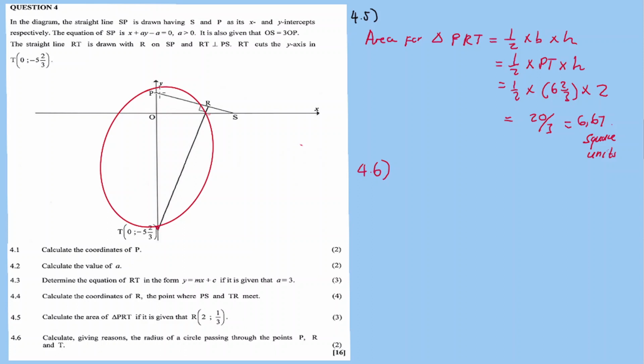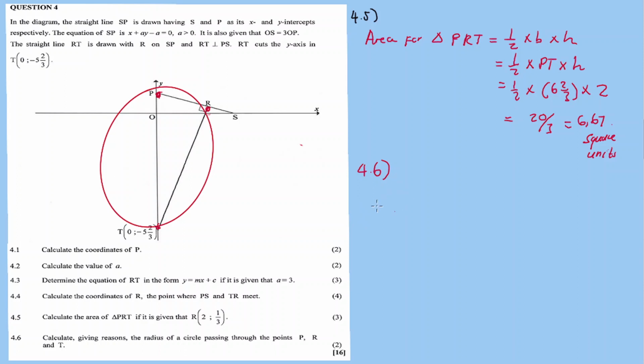4.6, our circle touches here, here and here. If you have a right angle triangle inside a circle, it reminds me of the theorem of an angle in a semicircle. So that makes PT the diameter because of that theorem.